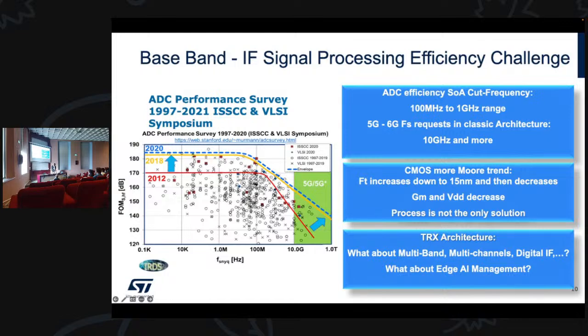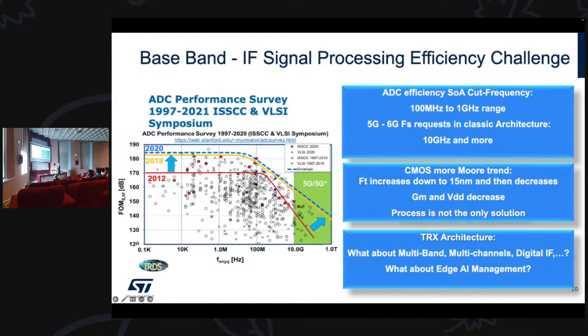It exists, but the power consumption is too high. For instance, to have around 5 gigabit per second, you have an ADC consuming approximately 1 watt, which is not compatible with your iPhone. So we have to rethink the architecture.